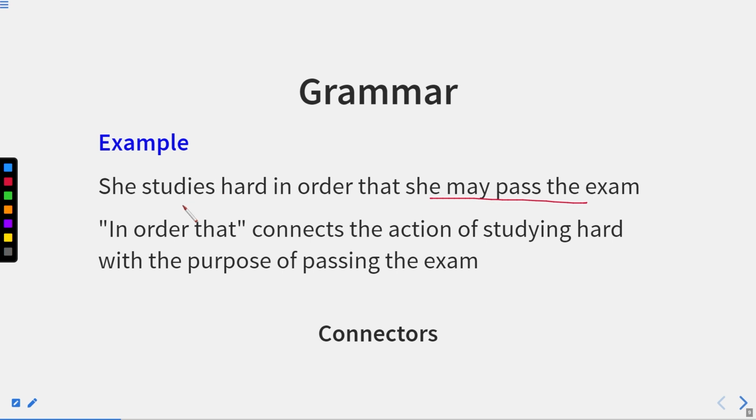So, this is the action, this is the main clause, and this is the purpose behind the action that has already occurred in the main clause. In order that connects the action of studying hard with the purpose of passing the exam. So this is how we can use in order that to link two clauses together, in which one is the main clause and the other one is the purpose clause.